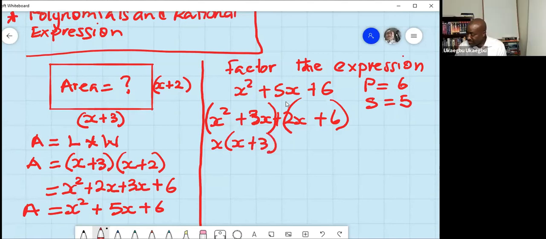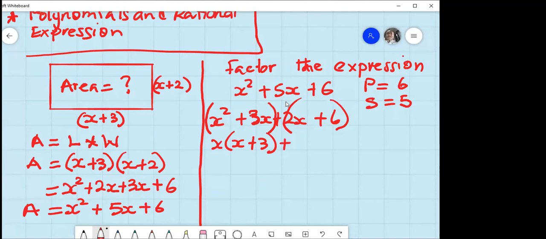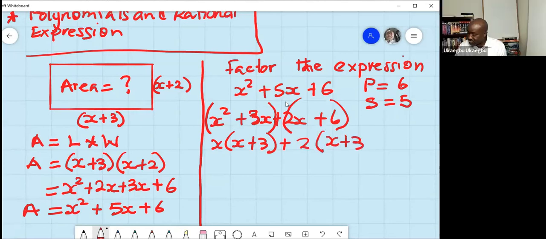And then how about 2x and 6? What is the common factor there? 2. Thank you. So we just write 2 bracket x plus 3. So you can see that we have a common factor, which is x plus 3 and x plus 3. So you just take one of them.